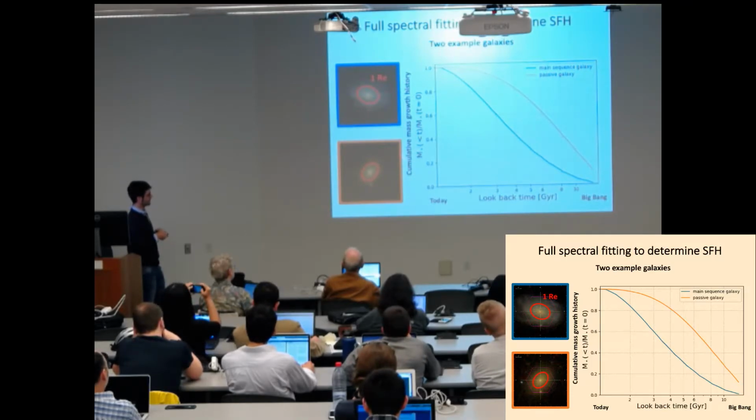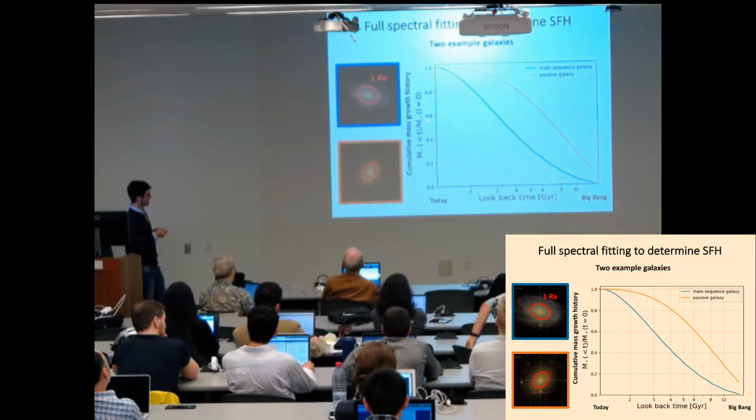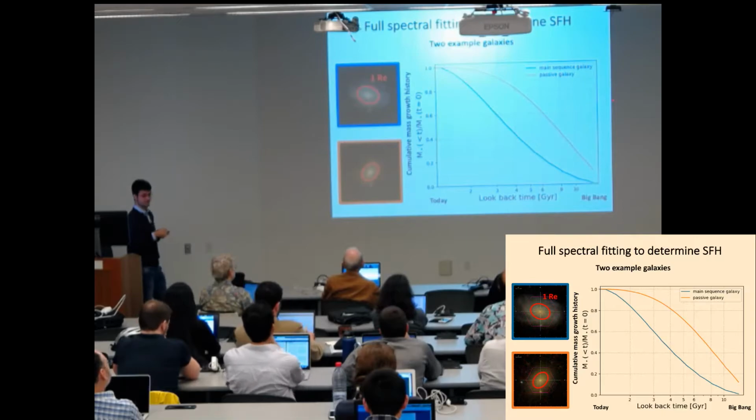So basically the amount of stellar mass that was produced by a certain time divided by the total amount of stellar mass today. Obviously today you have formed 100% of the stellar mass in both galaxies. But say if you look at 60%, you can see that my main sequence galaxy formed 60% of its stellar mass later than my passive galaxy.